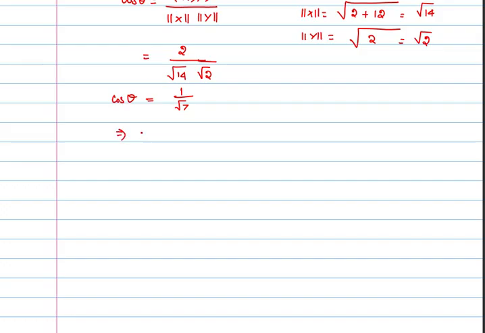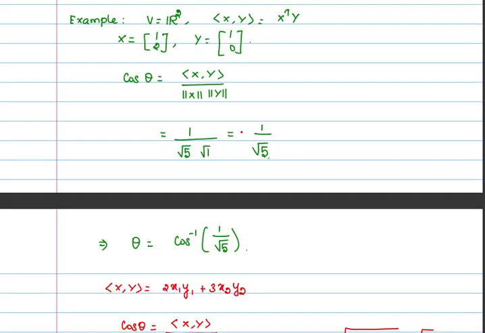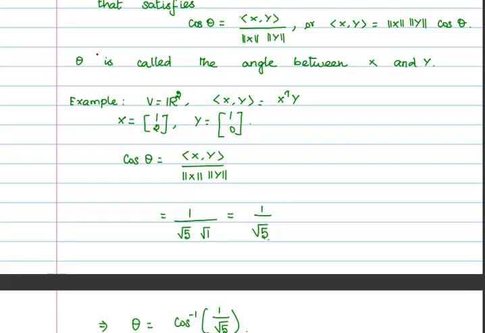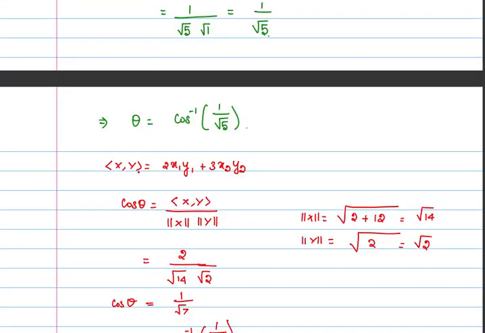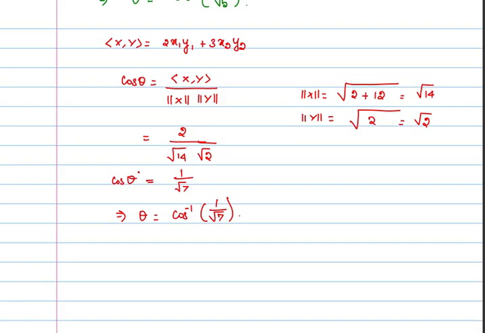This implies theta equals cos inverse of 1 over the square root of 7. Look, for the same two vectors x and y, if you change the inner product, you will get a different answer. Please be cautious: if you change the inner product, the angle between two vectors can also differ.